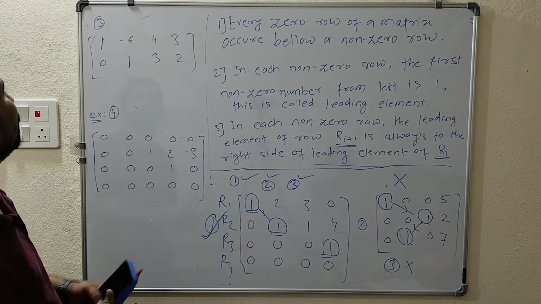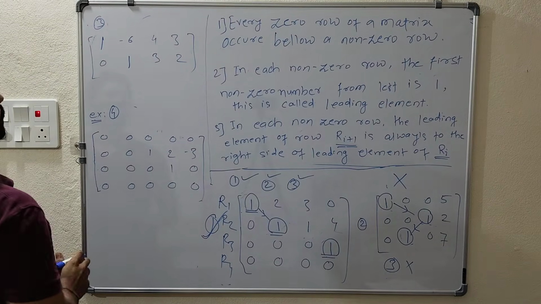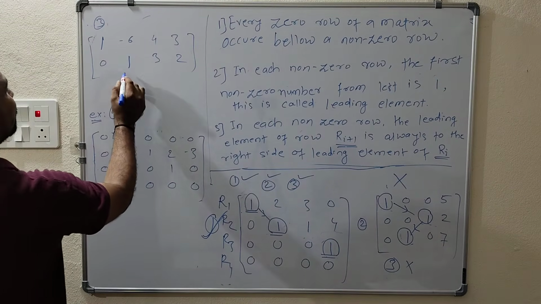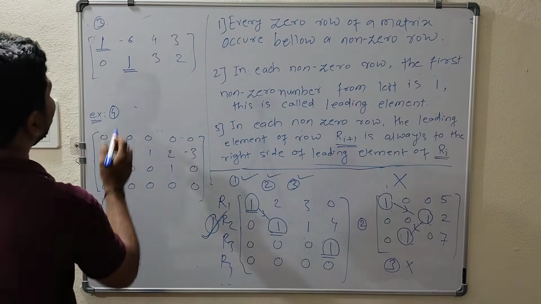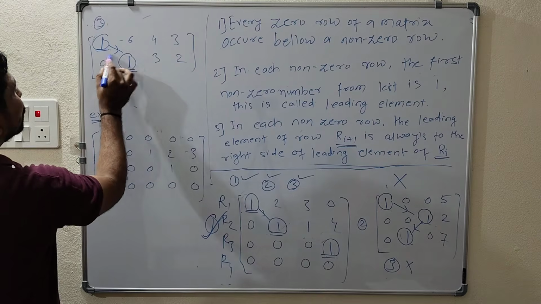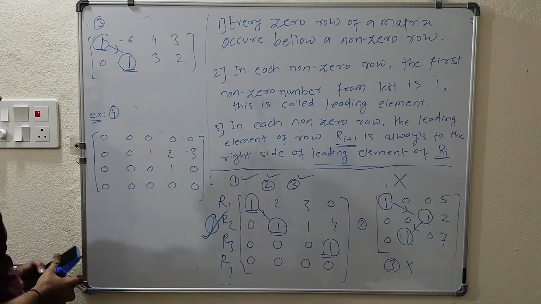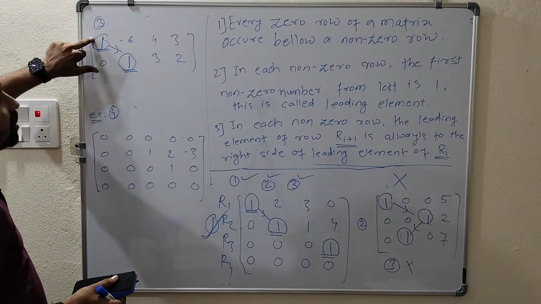Now come to example 3. Here this is the leading element of row R1, and this is the leading element of row R2. The leading element of row R2 occurs to the right of the leading element of R1.